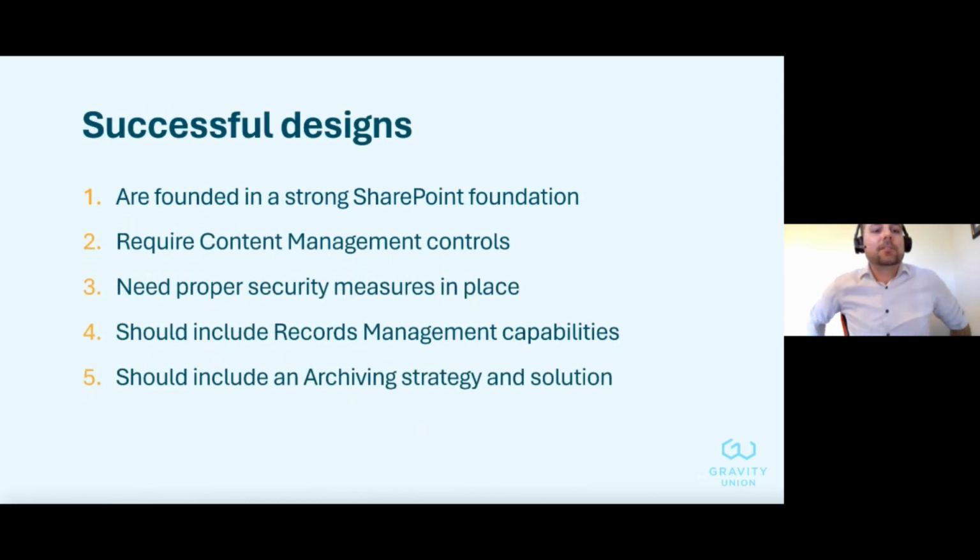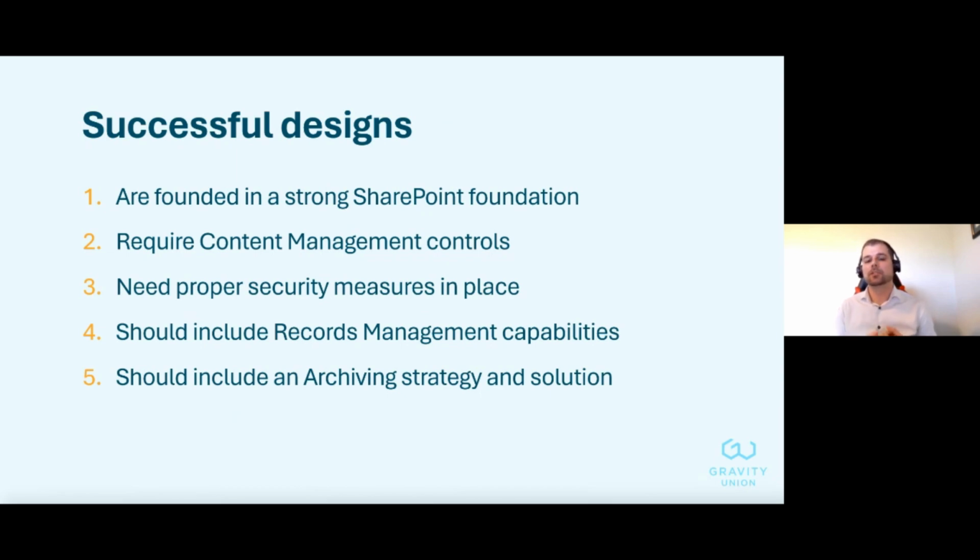So really, successful designs in SharePoint, or for AI, are also founded in a strong SharePoint foundation, right? It requires content management controls. Security needs to be in place that's going to keep confidential information confidential and out of the eyes of Gen AI and employees that shouldn't have it. It should include records management, right?